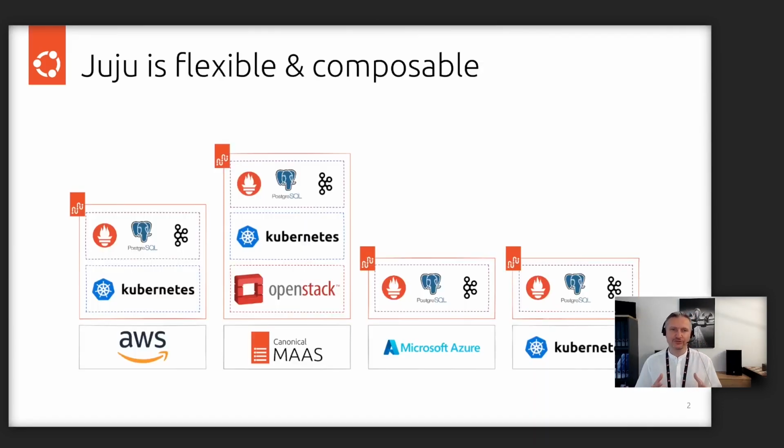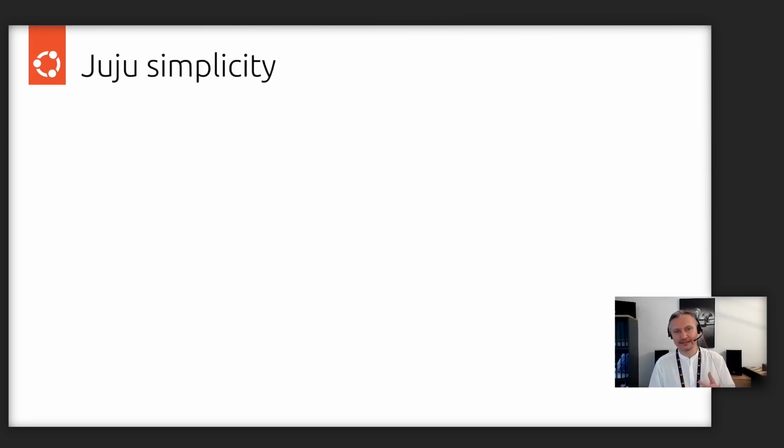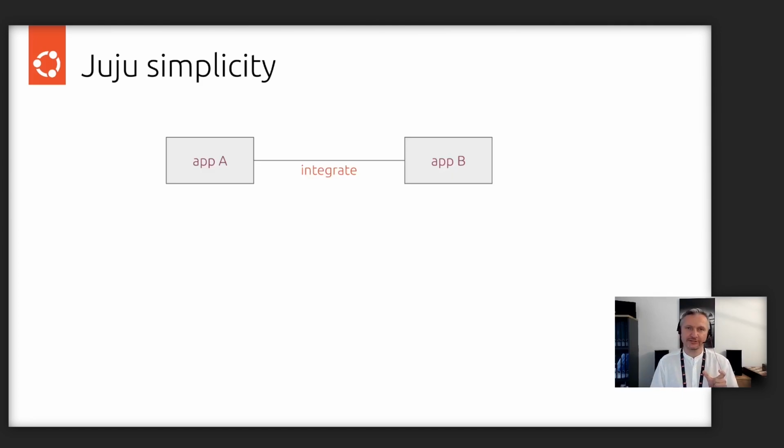Keep in mind that Juju is extremely flexible. It's designed to deploy charms, operator applications, in all possible clouds, including hybrid and self-hosted, and even bare metal. But all this power comes with a really simple idea inside: to connect different applications.